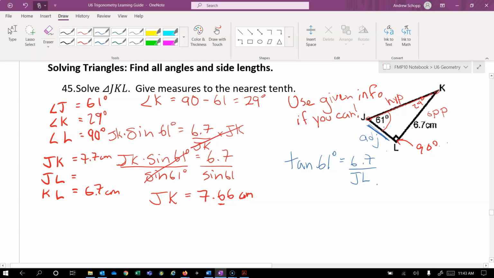And same as the question before, multiply by JL on both sides to get it out of the denominator. We end up with 6.7 on the right, and we have JL times the tangent of 61 on the left. Then we want to get JL on its own, so we're going to divide by the tangent of 61.